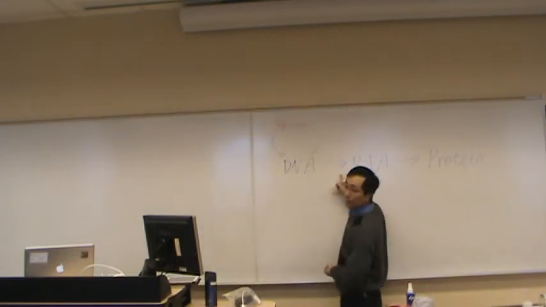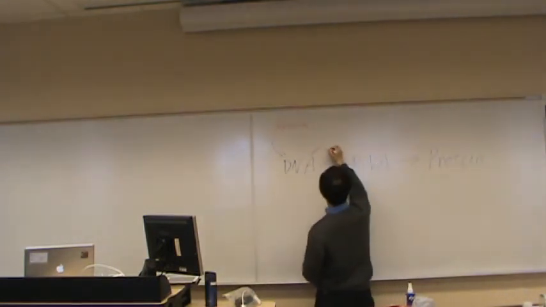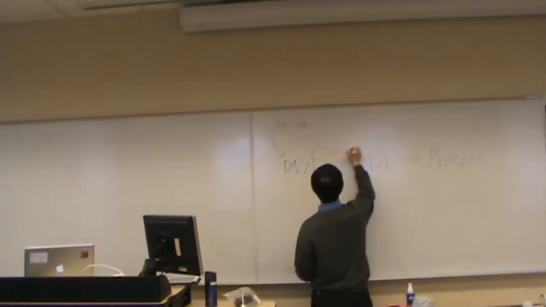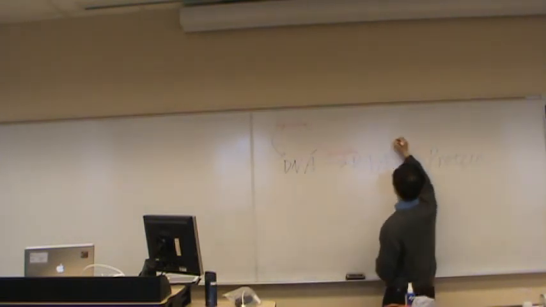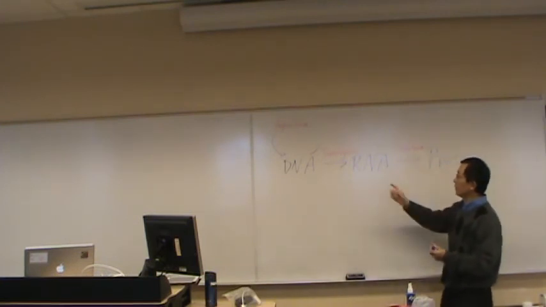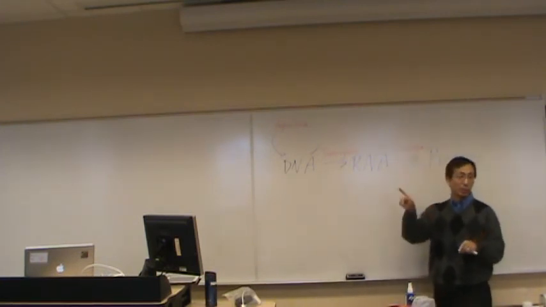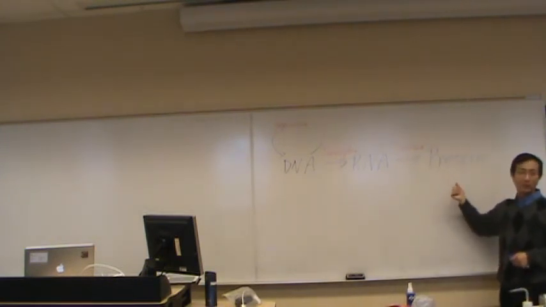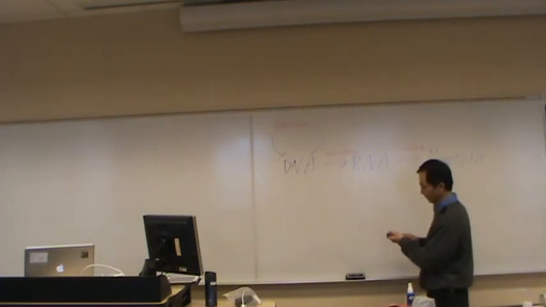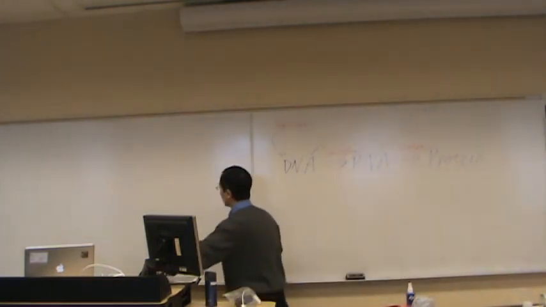And this process is transcription. And this process will be translation. I guess it's called translation because the nucleotides are still considered one language. Amino acid is considered a different language. So translation here. Now, that's the fun part.